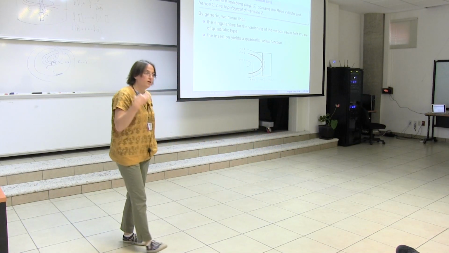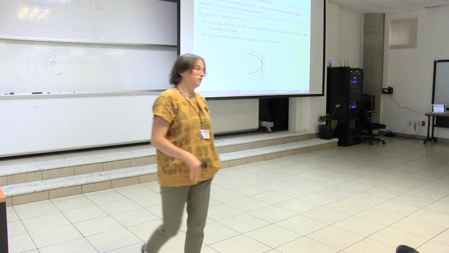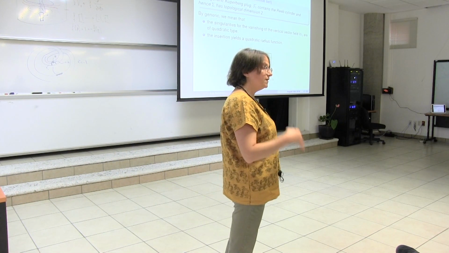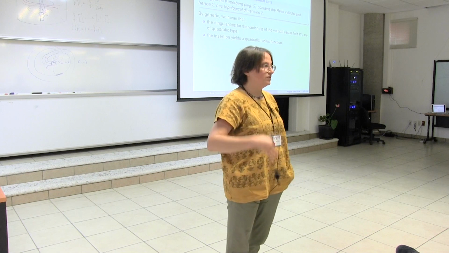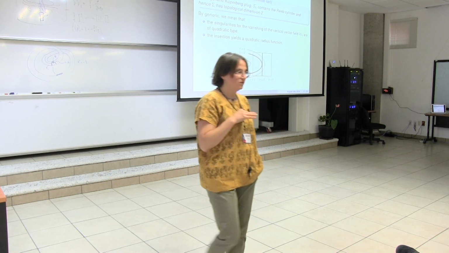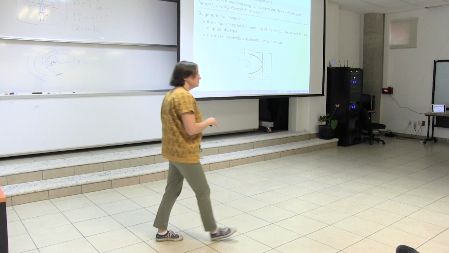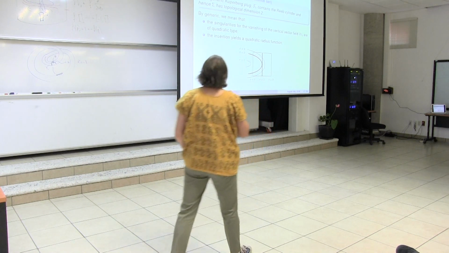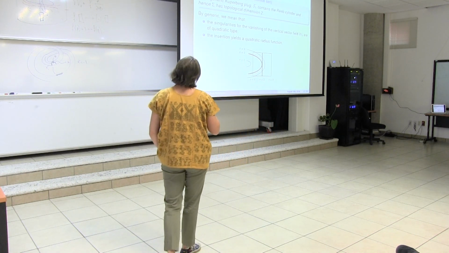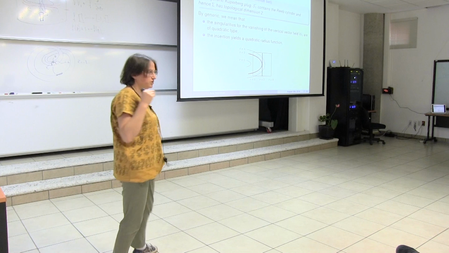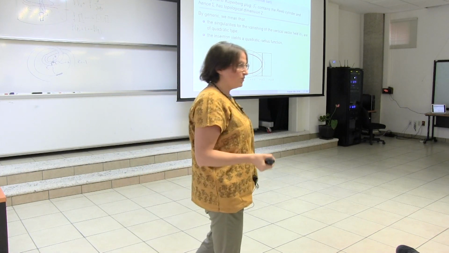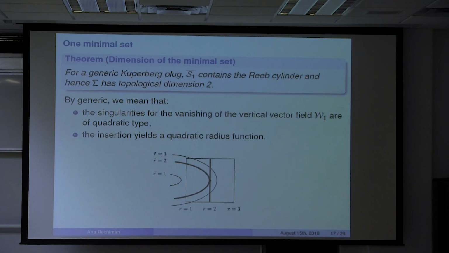And so you will have a two-dimensional minimal set. Okay? I don't know what happens if you drop this hypothesis. I have no idea. I tried to build a plug with a one-dimensional minimal set, and I was not able to do that. But maybe it's possible. I have no idea. Okay.